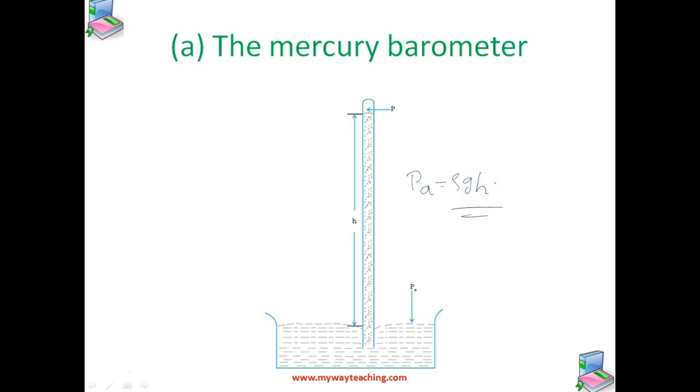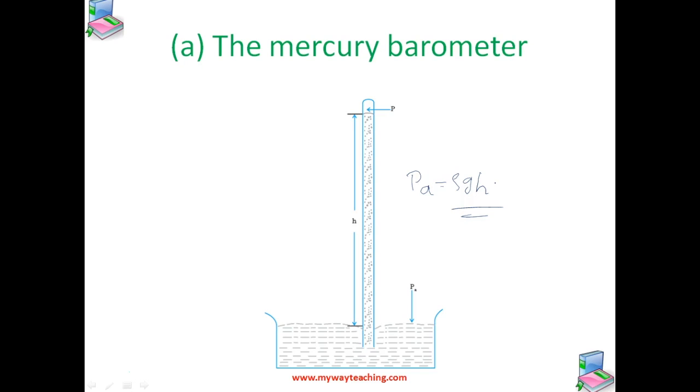In this experiment, it is found that the mercury column in the barometer has a height of about 76 centimeter at sea level, which is equivalent to 1 atmosphere. This can also be obtained using the value of rho in the equation Pa is equal to rho gh.